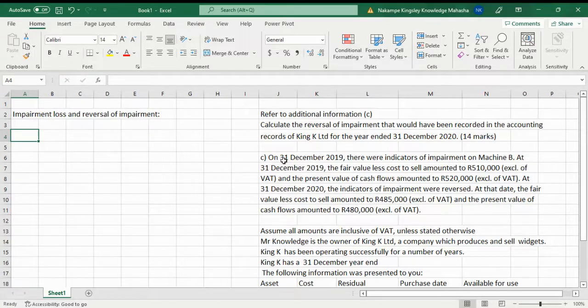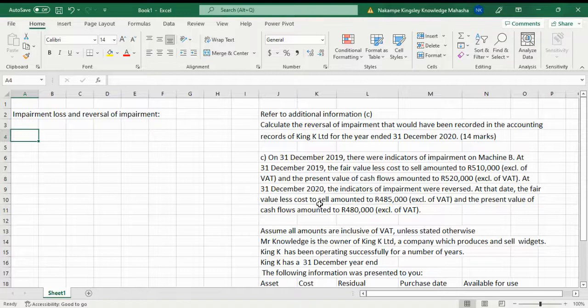Information C says on the 31st December 2019, there were indicators of impairment on machine B. At the 31st December 2019, the fair value less the cost to sell amounted to 510, exclusive of VAT, and the present value of cash flows amounted to 520,000, also exclusive of VAT.